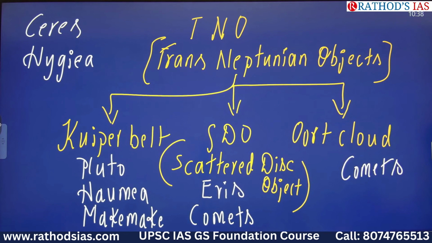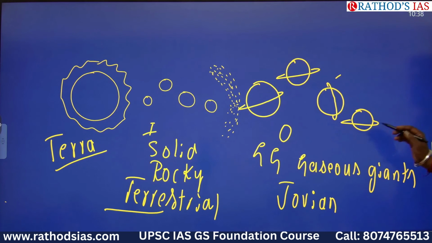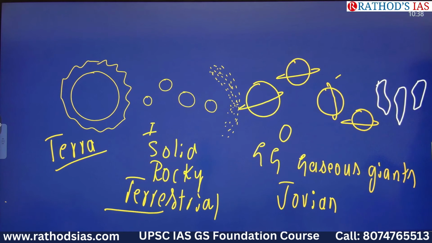Now look at the board, guys. After Neptune, there are 3 regions: Kuiper Belt, then SDO, then Oort cloud. In the Kuiper Belt, there are Pluto, Haumea, Makemake.